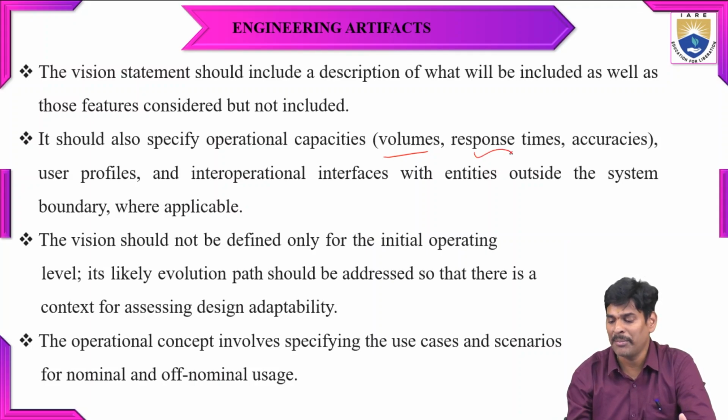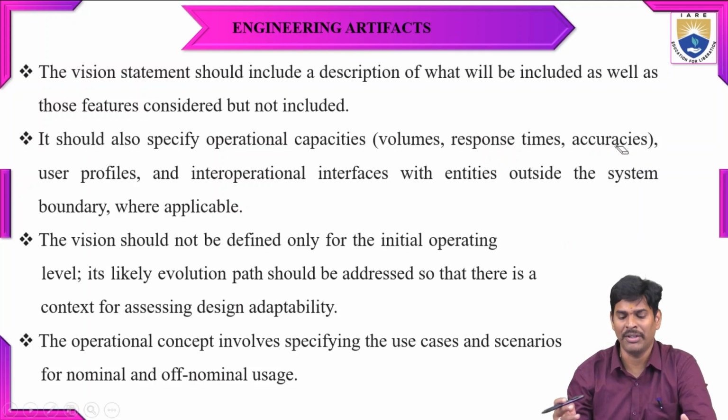And the response time is very important, because whenever we are transmitting the data, within the time stipulated, the information has to be responded. So here we are going to calculate the response time from the sender to the receiver. And accuracy means how much data, so efficiency can be improved.